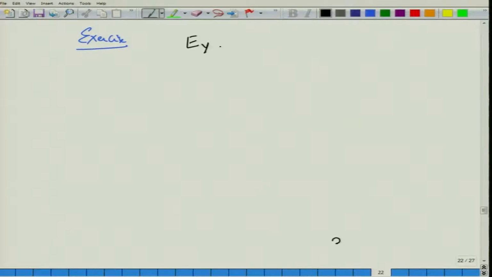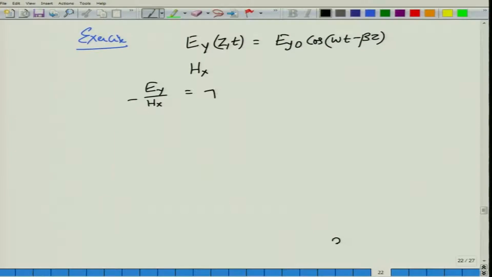If I assume instead of Ex component, if I assume Ey of z comma t as some constant Ey naught cos omega t minus beta z, okay, then you can show that it is the Hx component that will be important, and the ratio of Ey to minus Hx will be exactly equal to square root of mu by epsilon.